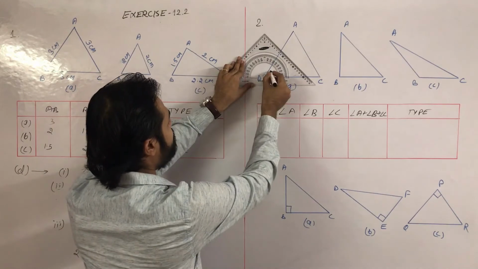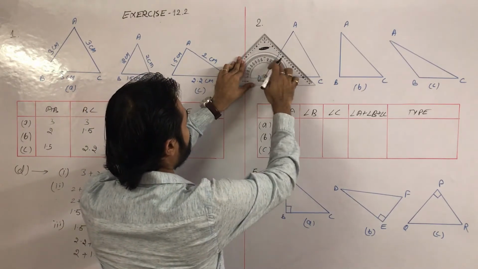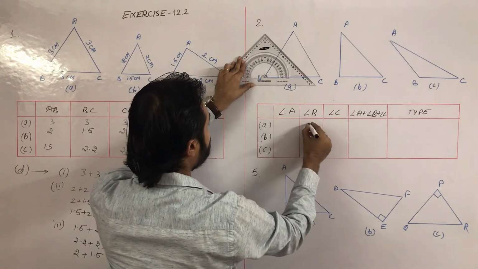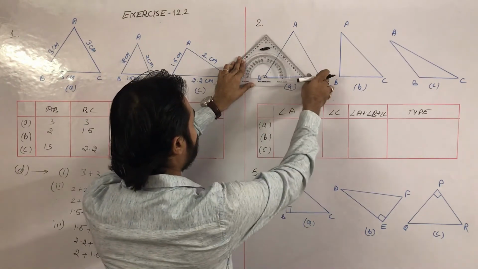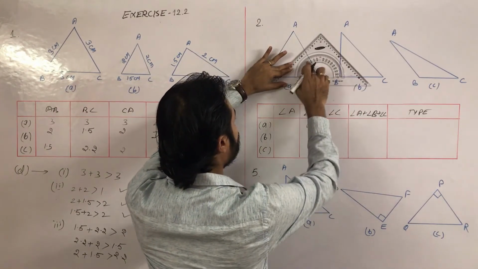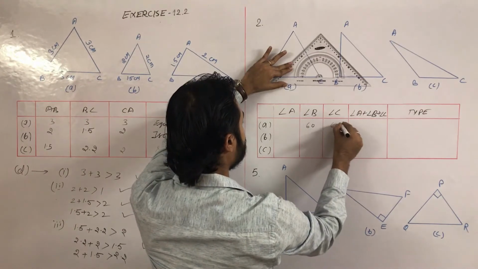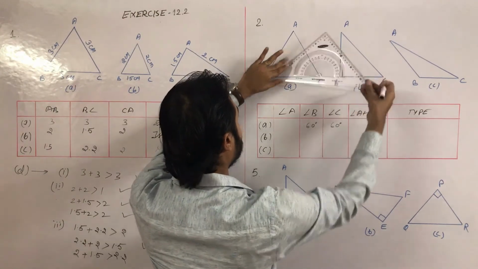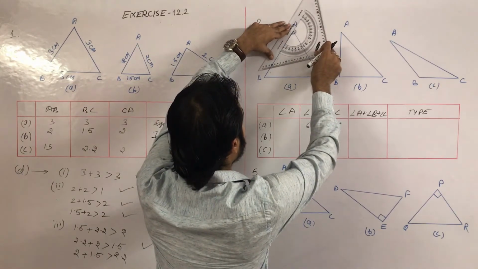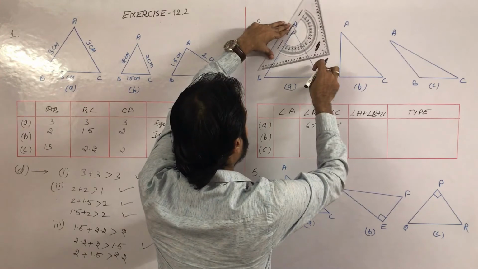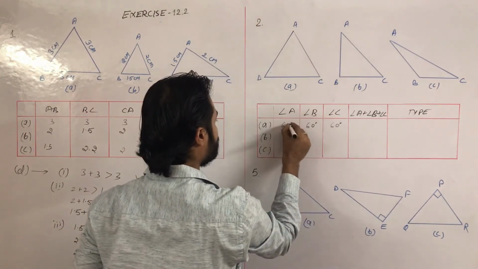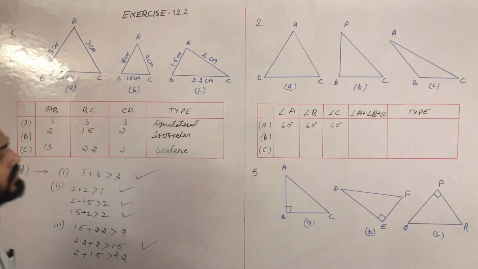In the first case, this is my first angle, and the first angle is approximately 60. So angle B is 60 in the first case. Angle C, again, is 60 degrees. And angle A is also 60. So all three angles are 60 each.